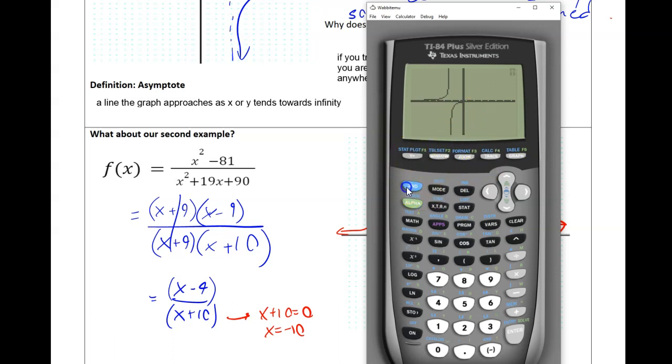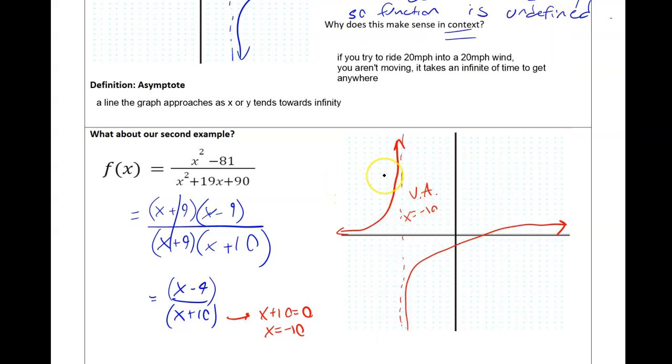But when I type in, plugging in negative 9 into the function on my calculator, I get divide by 0. When I look at the table on my calculator of my function, when I go to negative 9, I get an error just like negative 10. But the graph clearly has only one asymptote.